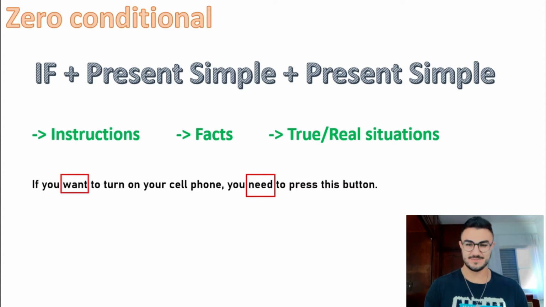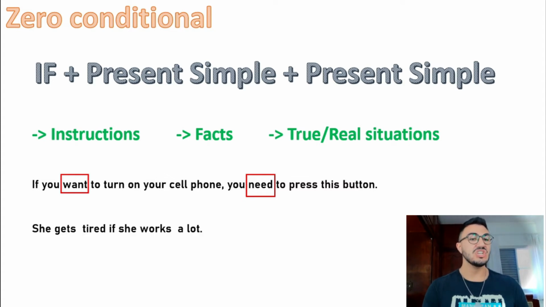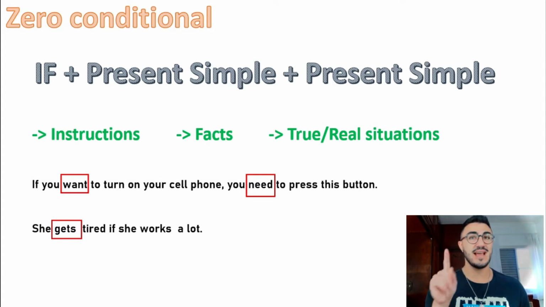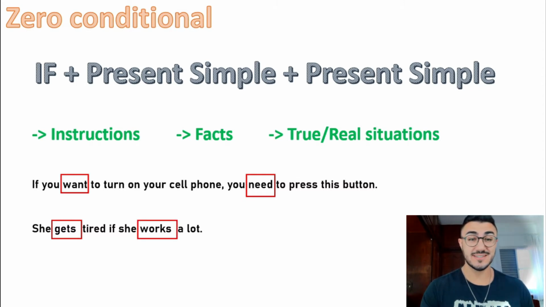Okay, nice. Second example. She gets tired if she works a lot. This is a fact. So gets is present simple. Remember, gets here has the S because I'm using she. Great.